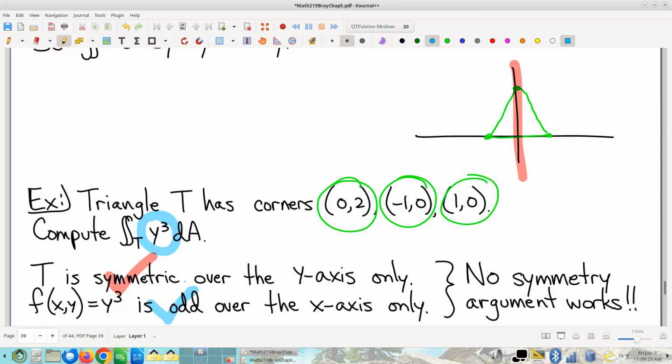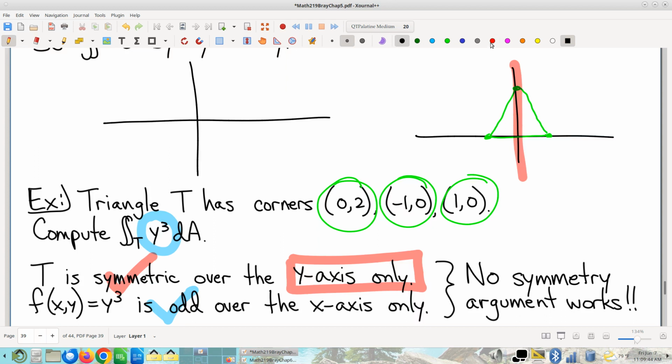So now why does the symmetry argument not work here? We have a symmetric domain. True. We have an odd integrand. True. The problem is the domain symmetry is over the y-axis. And if you think it through carefully, and I'm going to draw another little axis system over here, you would get the oddness by plugging in a minus sign into the y, making your y coordinate the negative of what it had been, looks like this.